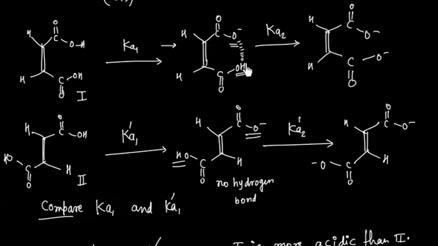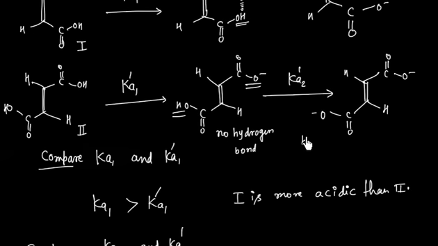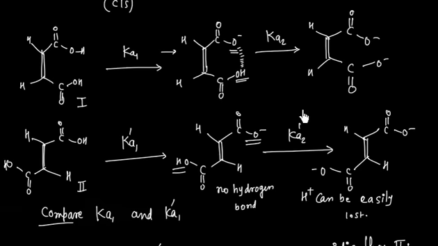Now this time this is the hydrogen bond, so there is less chance to lose this H plus, because hydrogen is attracted by oxygen. So this hydrogen is not easy to lose. But in this case hydrogen is not attracted by oxygen, so it can be easily lost. So in this case H plus can be easily lost. But in this case H plus or hydrogen atom is pulled by oxygen.